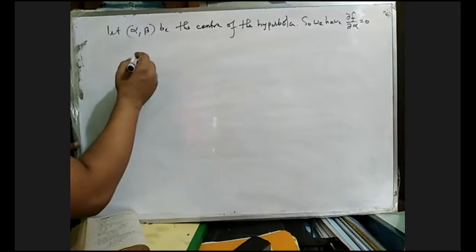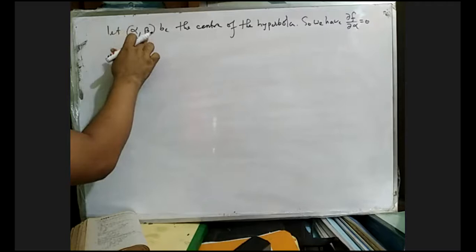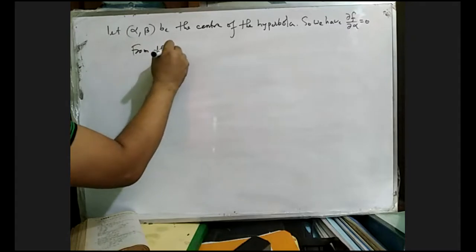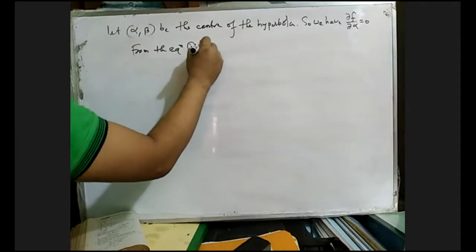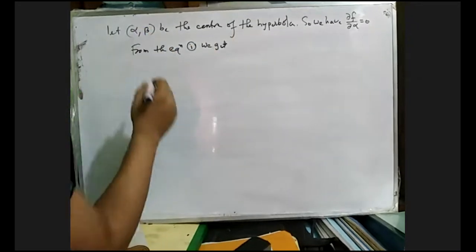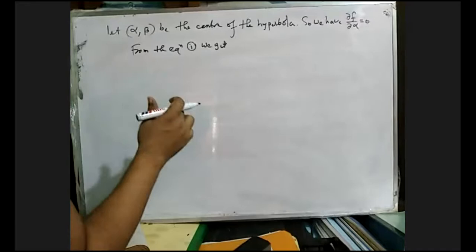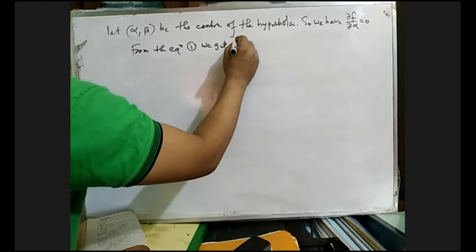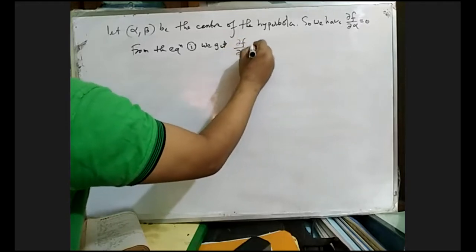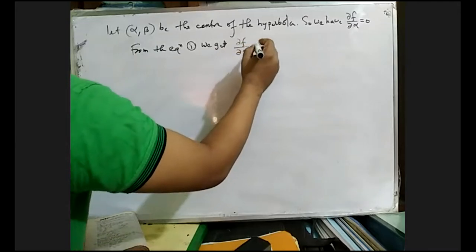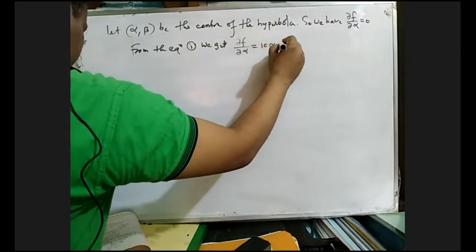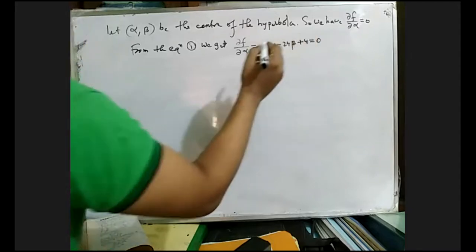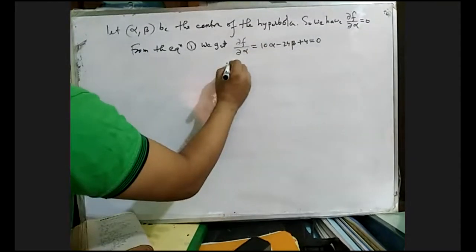After differentiation with respect to alpha and putting x equal to alpha and y equal to beta, at the center alpha beta, del f by del alpha will be 10 alpha minus 24 beta plus 4 equals 0.